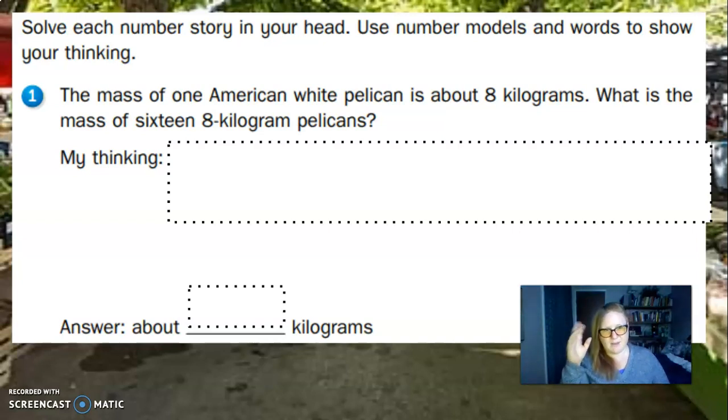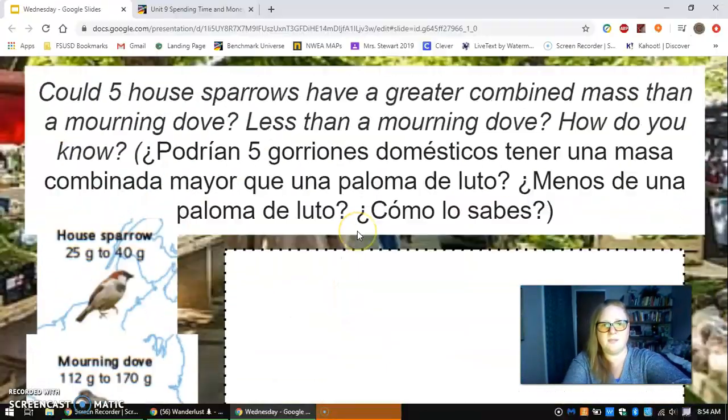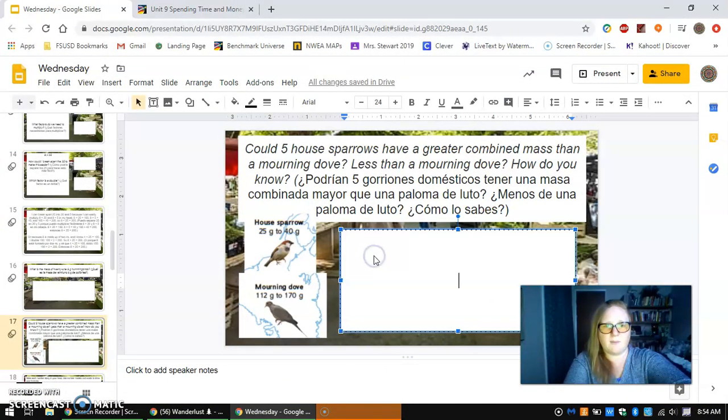You need to be able to try and break these apart and figure it out in your mind without writing anything down. However, if you needed to write down something, like if you were using a break apart strategy for this one, and you needed to break apart 25 in order to do that multiplication, you could write that down.